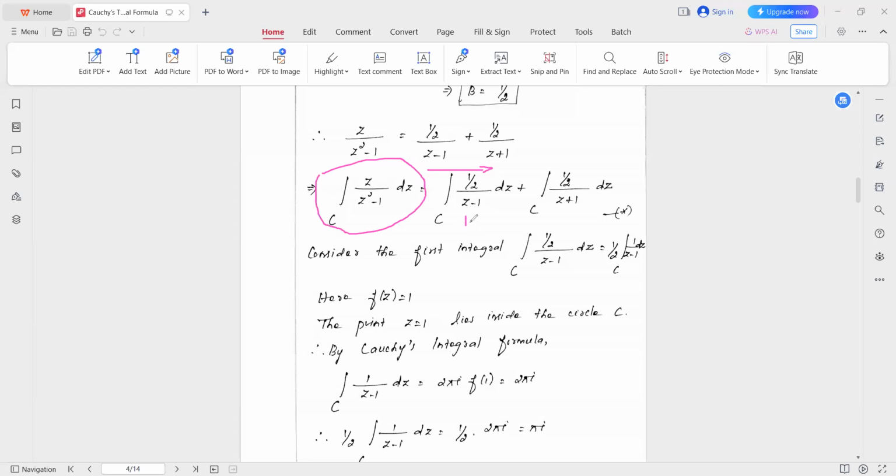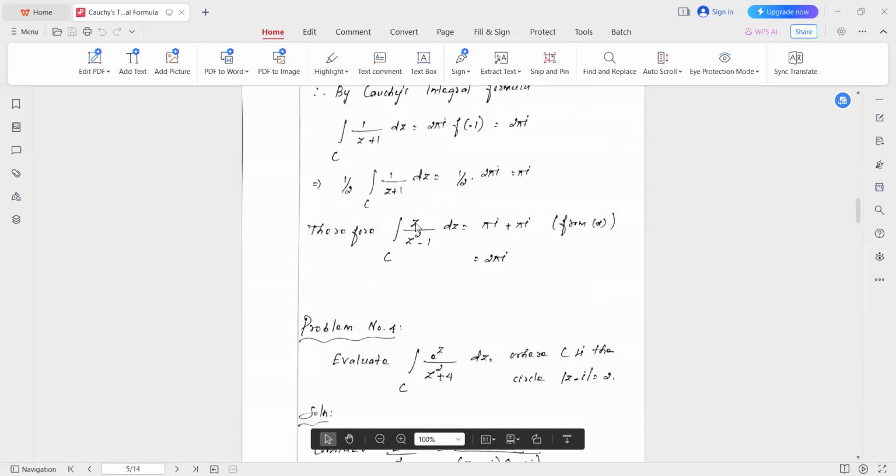So the value of this one is pi I and the value of this is also pi I. If you want to evaluate this integral, we have to add the values of these two integrals. So pi I plus pi I will become 2 pi I. Therefore, the integral value of z by z square minus 1 dz is equal to pi I plus pi I, which is equal to 2 pi I.